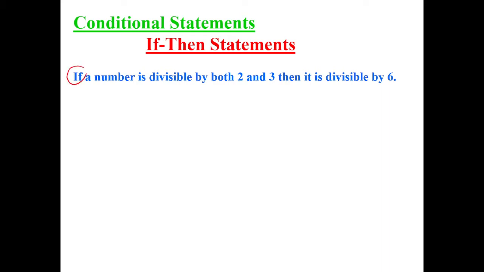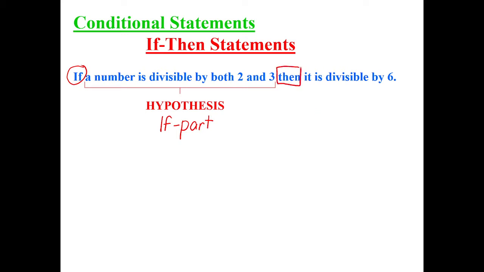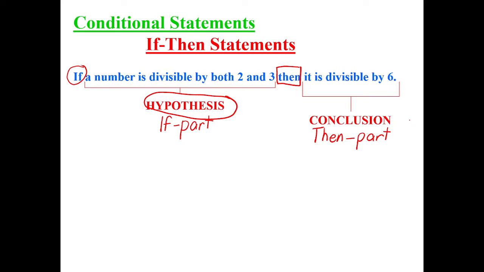The part after the word if is called the hypothesis. So the if part is the hypothesis. Then after the word then, this is now your conclusion. So the conclusion is the then part. These are the two parts of a conditional statement: the if part, which is your hypothesis, and the then part, which is your conclusion.